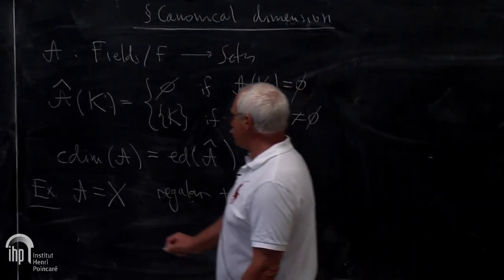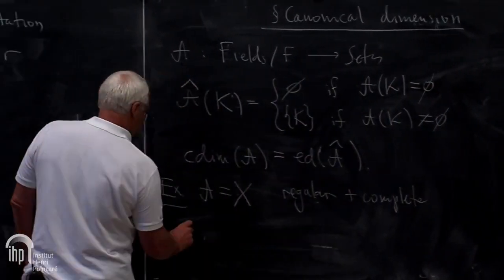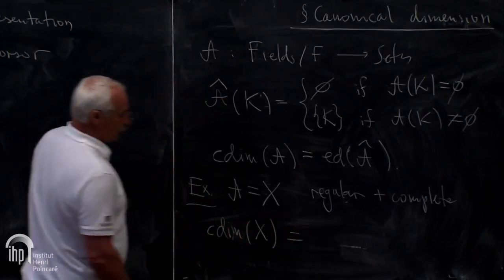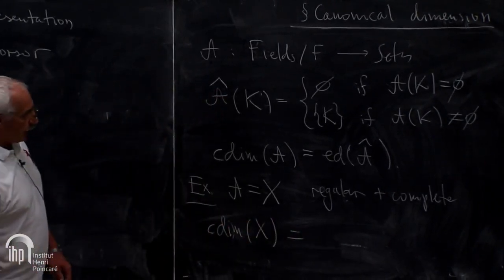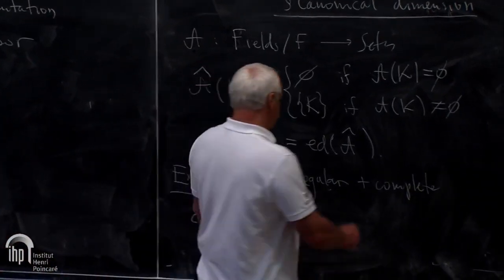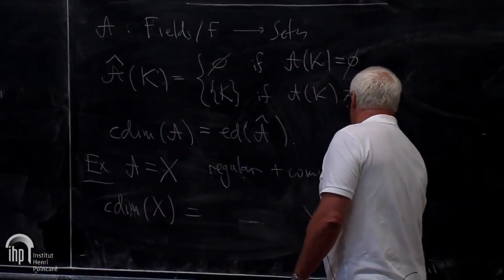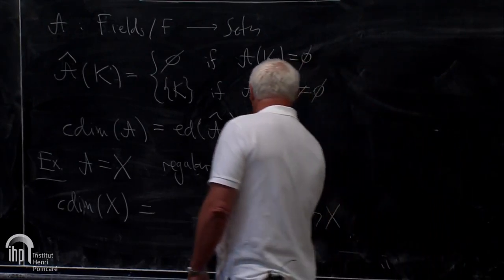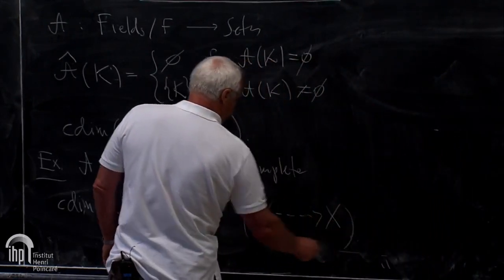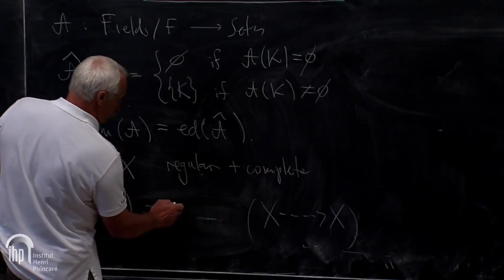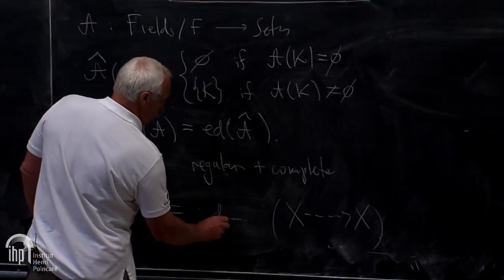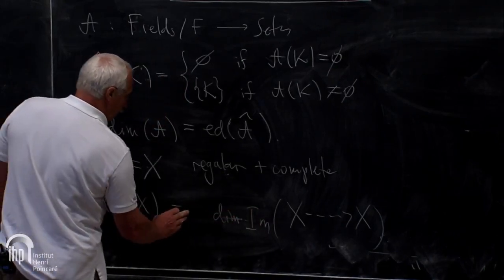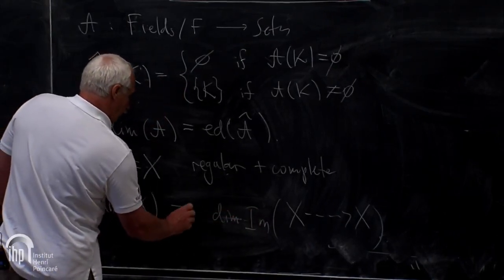So the canonical dimension of X is the following. You look at all possible rational maps from X to itself, and then compute the dimension of the image of this map. And then take the minimum.